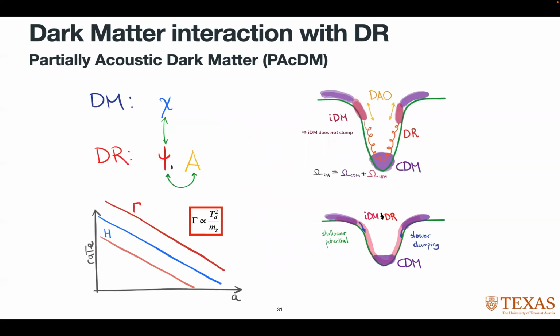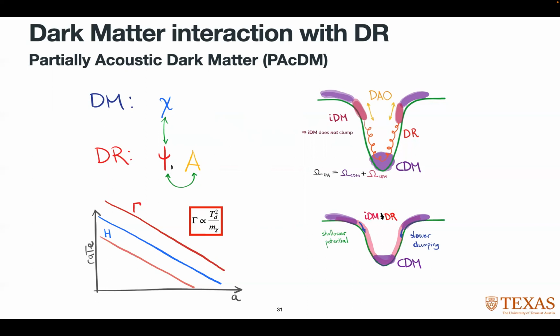So this kind of solution, that curve here, is called the partially acoustic dark matter model. In this model, this dark radiation is coupled, and on top of that, there is an interacting component of dark matter.